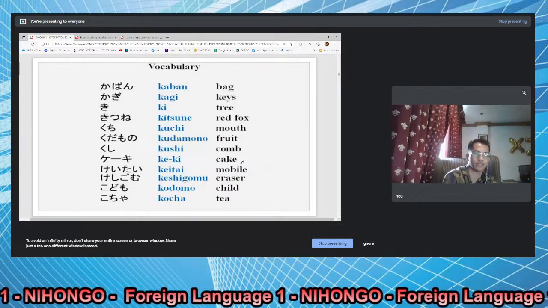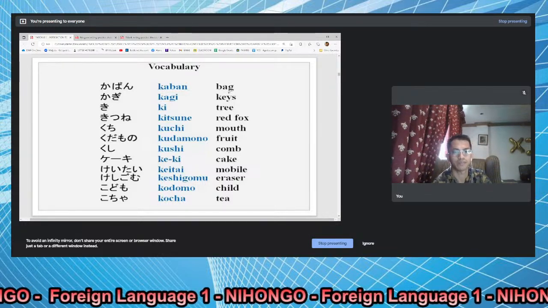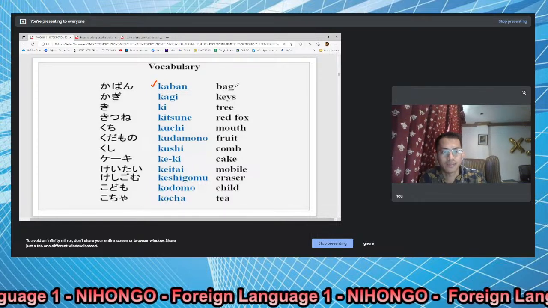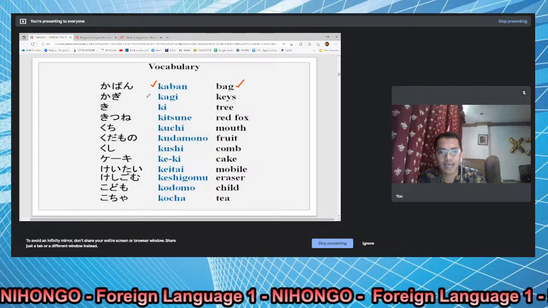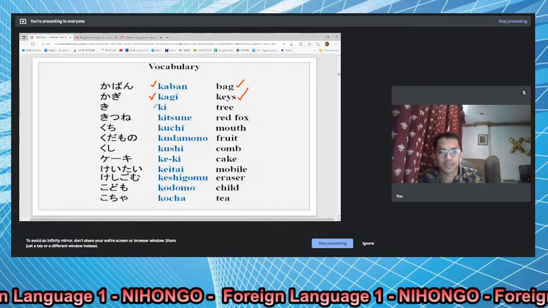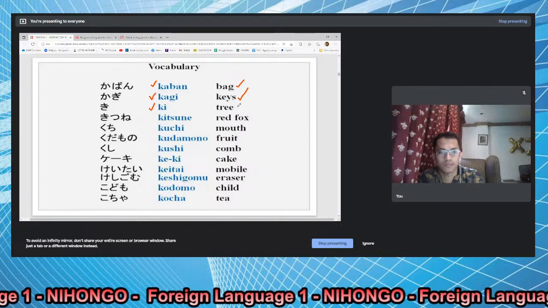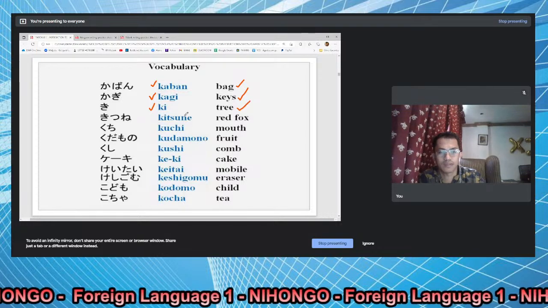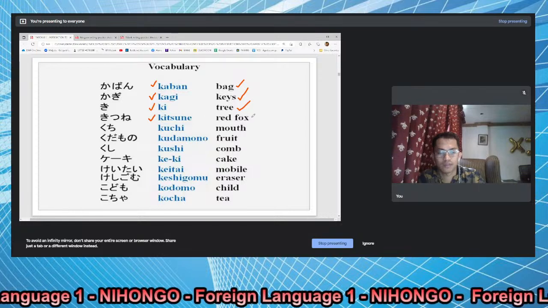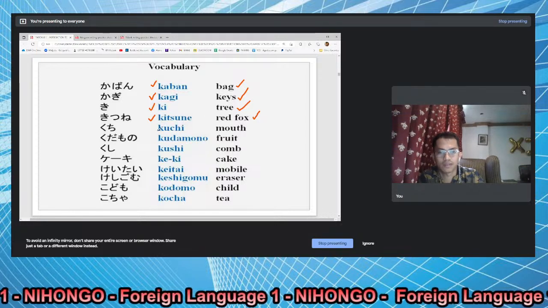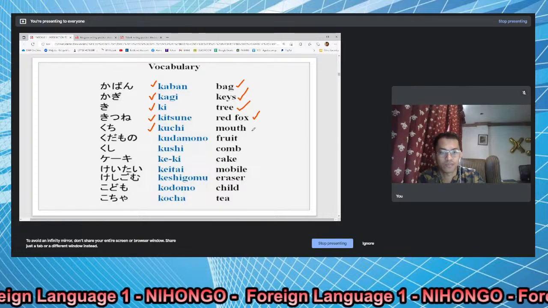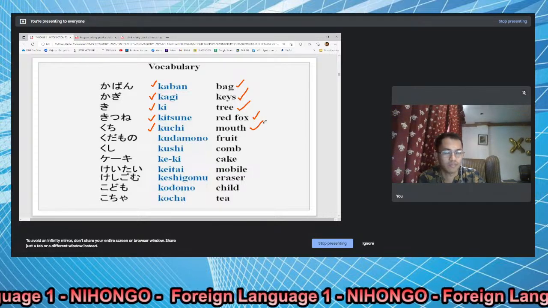Here are other vocabularies that you have to learn. Kaban, which means bag. Kagi, which means keys. Ki, trees. Kitsune, red fox. Kuchi, that's not car, that's mouth.